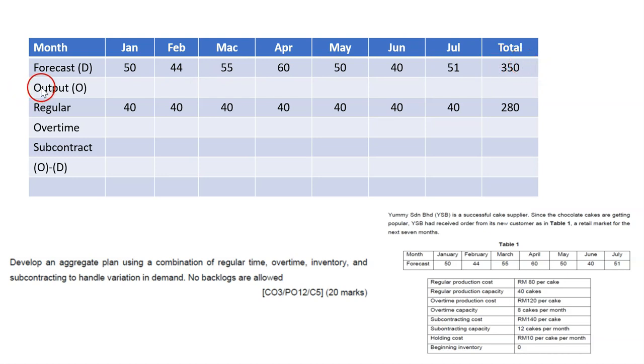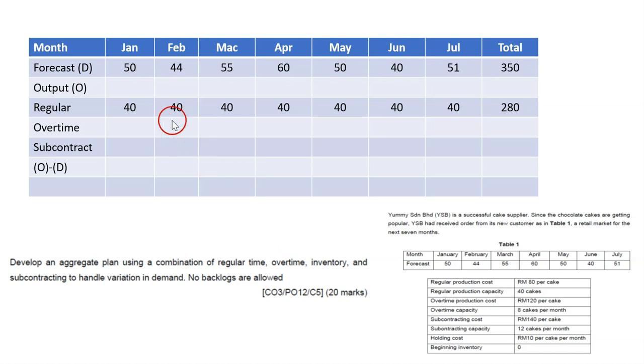Then we start on the output. For the output, they say regular time, overtime, and then subcon. So we need this table, and then here we have the output, or the output minus the demand forecast.